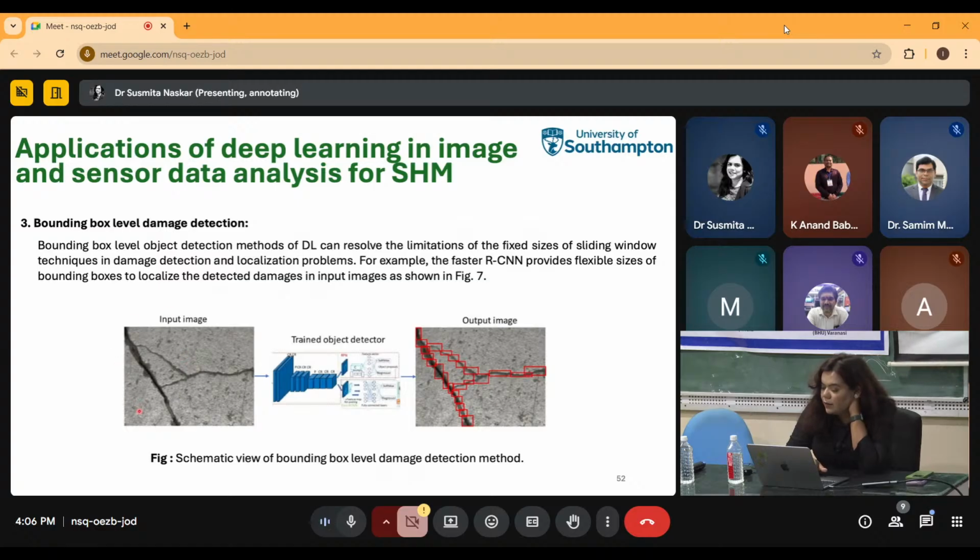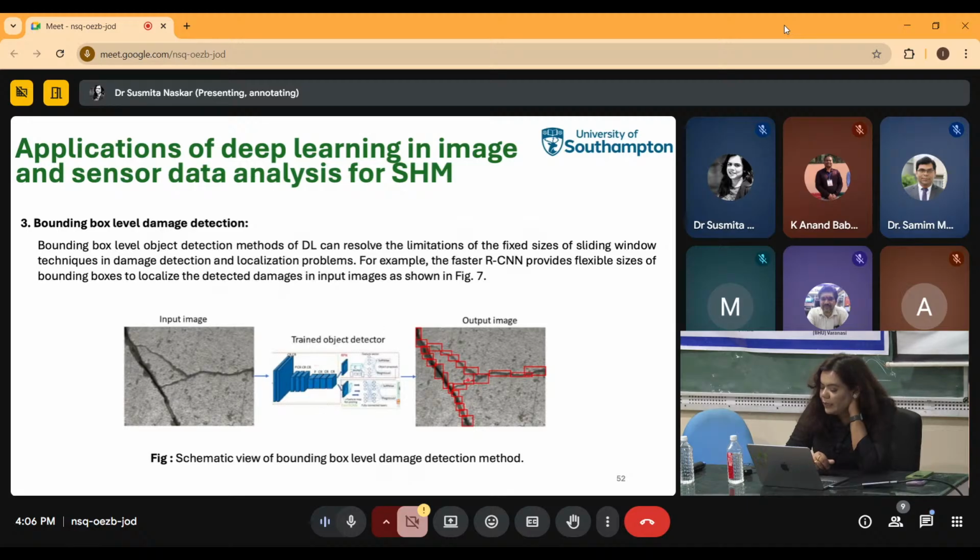First, we start with the input image of a damaged surface, right? Then the image is passed to this trained object detector, which extracts the key features and predicts where the damage is located. Then we get the output image.